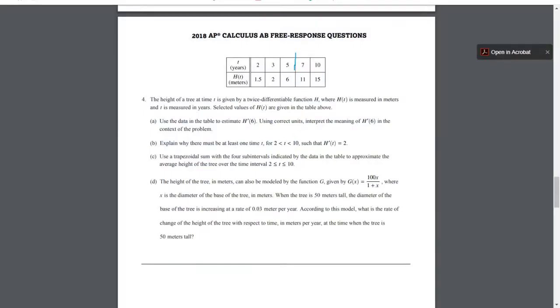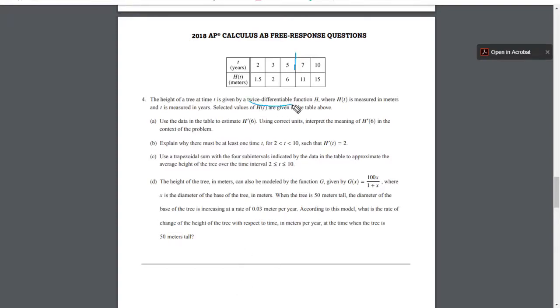For part B, explain why there must be at least one time between 2 and 10 where the rate of change is equal to 2. For this, we're thinking there must be an average rate of change equal to 2 because it's a twice differentiable function.